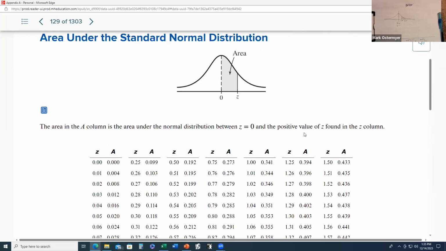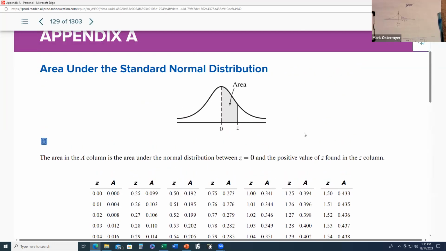Okay, but how do we use the table? Now, notice this little picture is very important here because it tells us how our table works. Notice areas underneath the standard normal distribution curve are computed from the mean 0 up to some z-value on the horizontal axis.